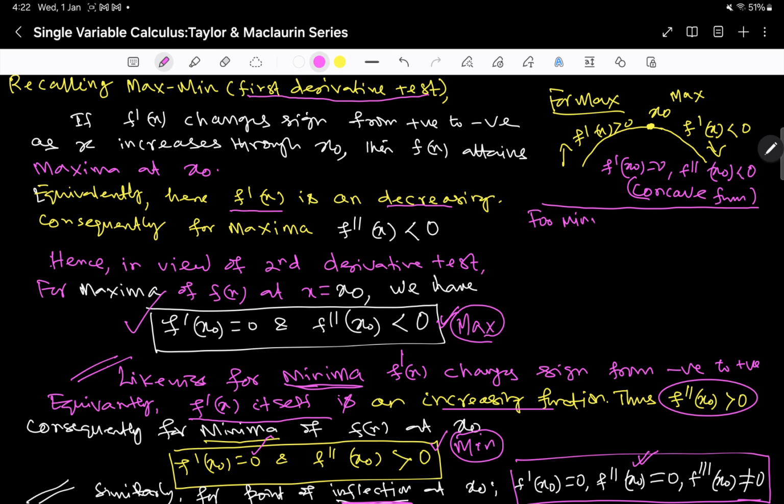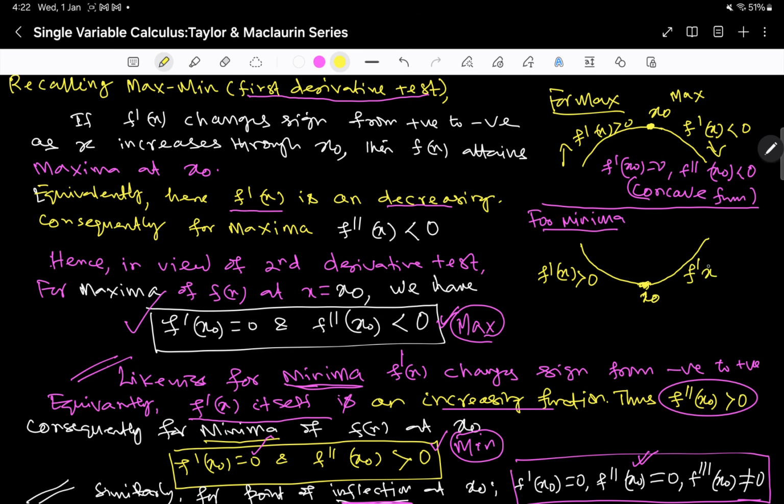For minima, the function decreases in the left neighborhood. At x0, suddenly it starts increasing.